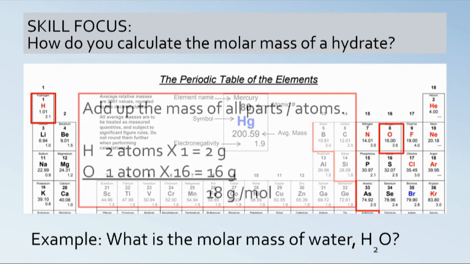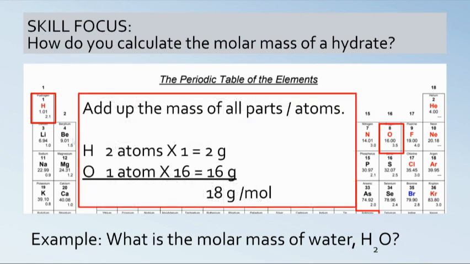H2, if we have 2 hydrogen atoms, each with a mass of 1, the hydrogen part would have a mass of 2 grams. Oxygen, we only had 1 atom of in a water molecule, which has a mass of 16. So if we add the 2, the hydrogen part, to the 16, the oxygen part, we get a molar mass for water of 18 grams per mole.